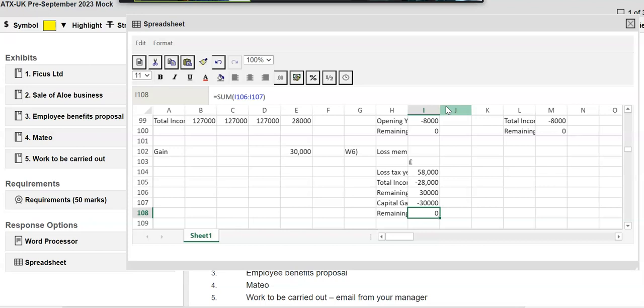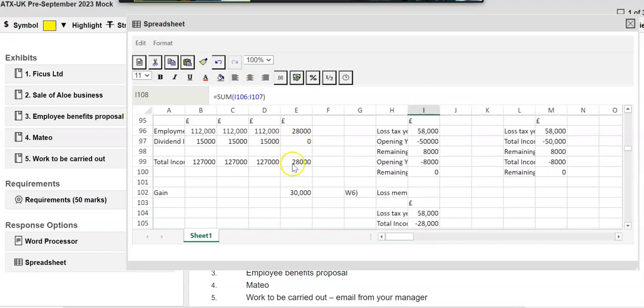And we will be saving tax at how much percent? 20%, because the total income is less than the 37,700 limit, right? So we have to make use of the loss in a year where the income is maximum, where the relief is maximum. So if we adjust in the current year, the tax saving would be 20%.